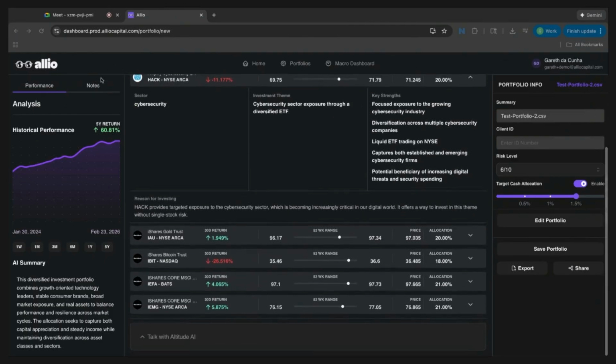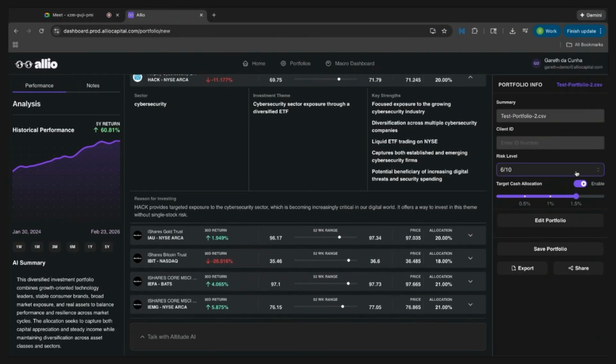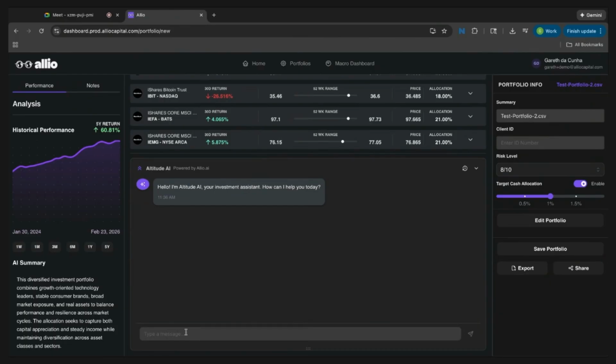Yeah, so I've got a full breakdown of the portfolio, and then I can say, all right, we're going to set this client's risk tolerance to 8. You said you use like 1% for your cash allocation, and then I'll say, let's say, write me one paragraph analysis of this.